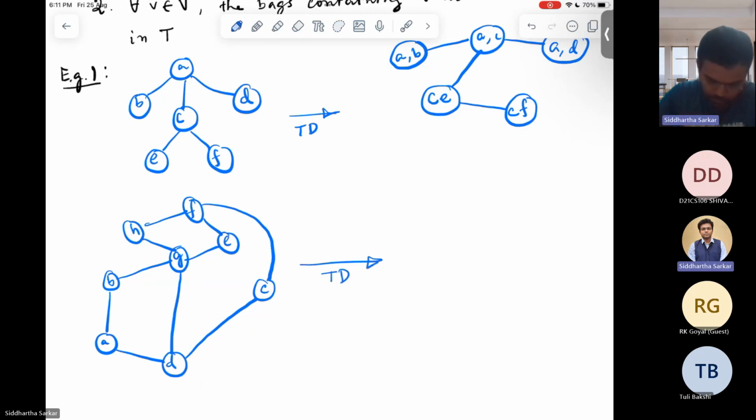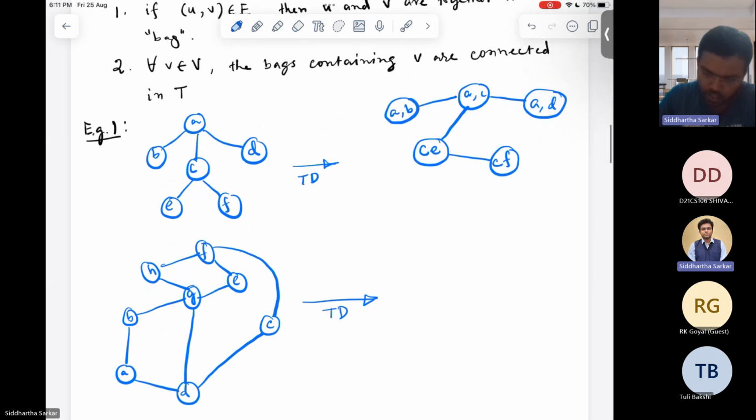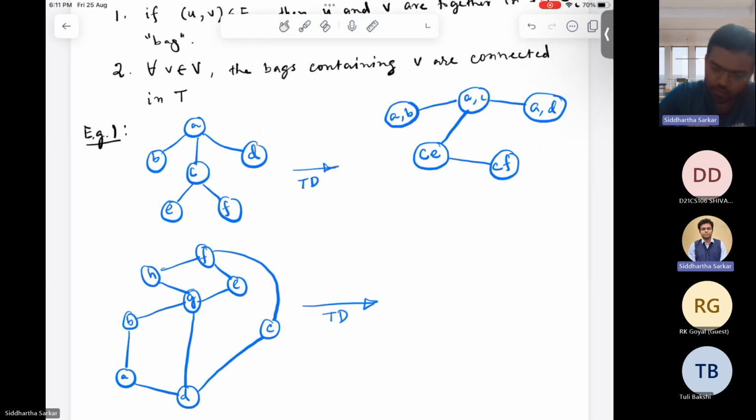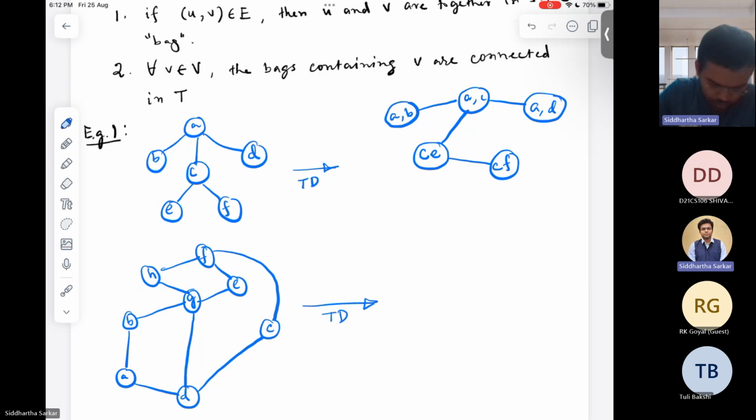Okay. So as I said, the tree decomposition is not unique. There could be many tree decompositions, and any tree decomposition has to satisfy these two properties. So let me just draw one tree decomposition which I have worked out.